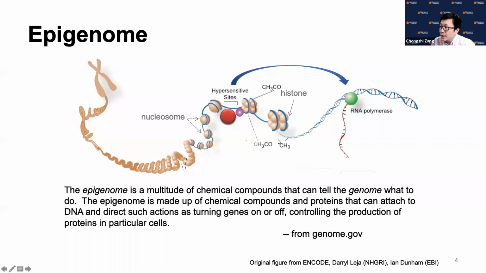Some chemical modifications like methylation can directly modify DNA, such as DNA methylation. So all of these factors on top of the DNA sequence itself are epigenome factors, and all of them added together make up the epigenome.